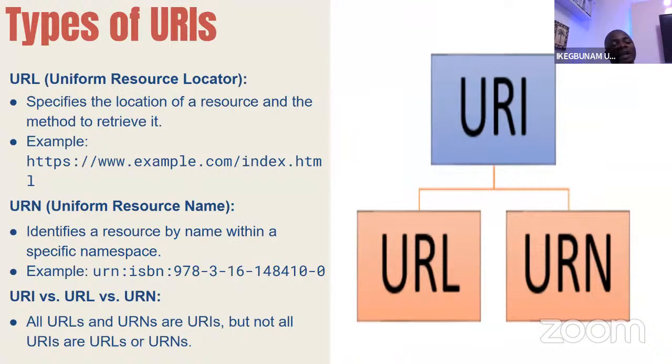There are basically differences between Uniform Resource Locator and Uniform Resource Identifier. Let's pay attention to the definition. Uniform Resource Locator specifies the location of a resource and the method to retrieve it.